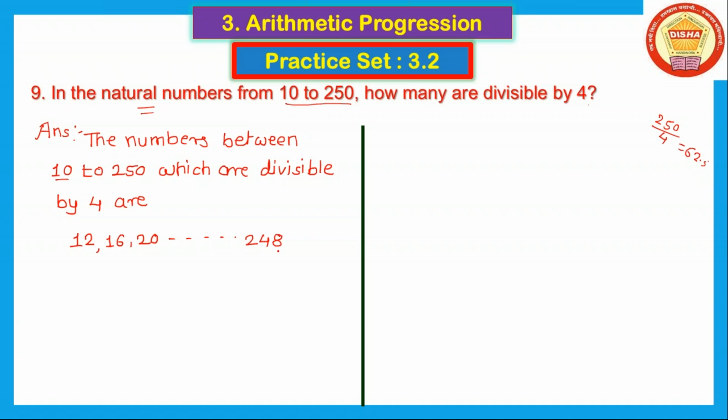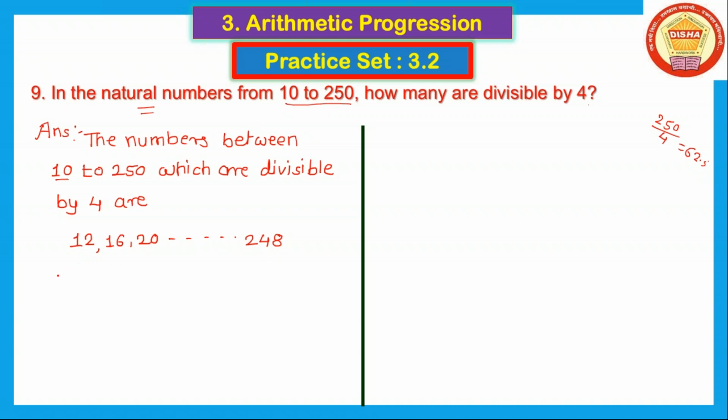If we divide by 4, then it is completely divisible by 4. Means the last number between 10 and 250 divisible by 4 is 248. म्हणजे इथं आपल्याला एक अरिथमॅटिक प्रोग्रेशन मिळालेला आहे.